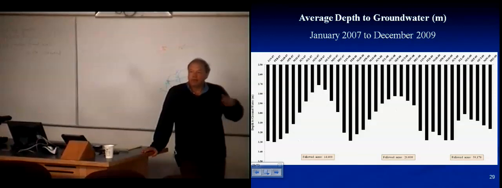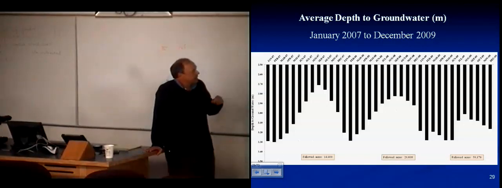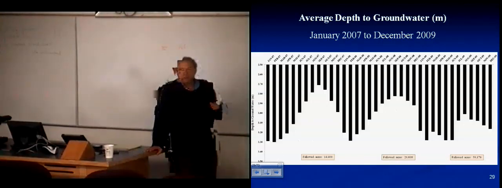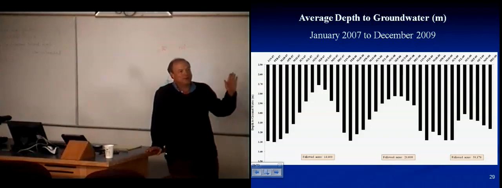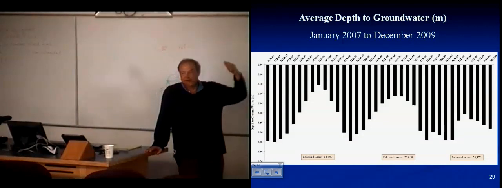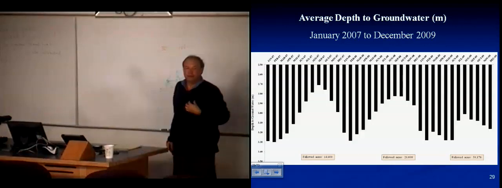Meaning we're accounting for most of the water in our area. But let's look at the groundwater, because I'm trying to make the point here that this water is not lost.